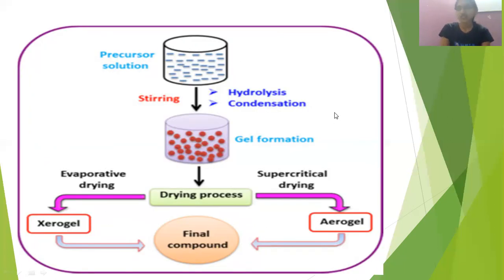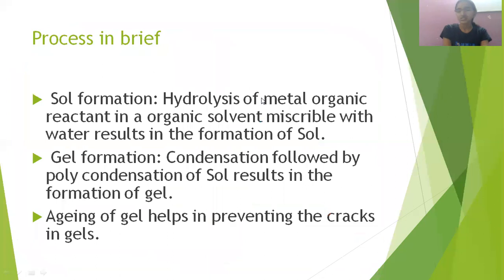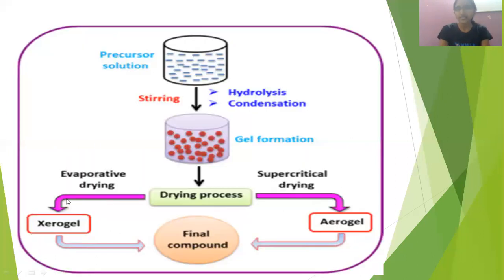So first we take the precursor solution. The first two steps are hydrolysis and condensation. After performing hydrolysis and condensation, we get a jelly substance. The gel is formed here.